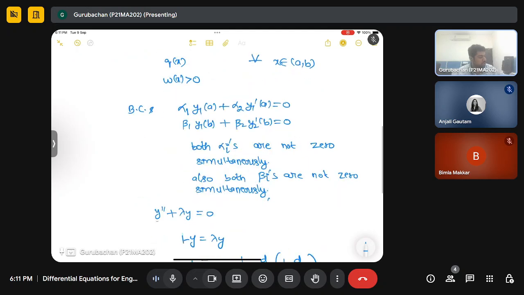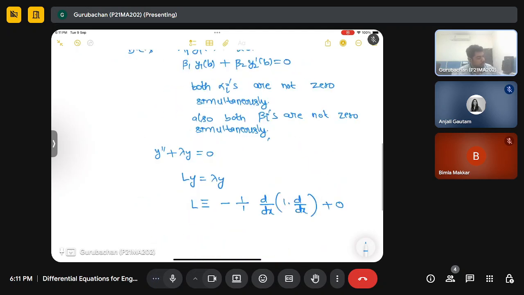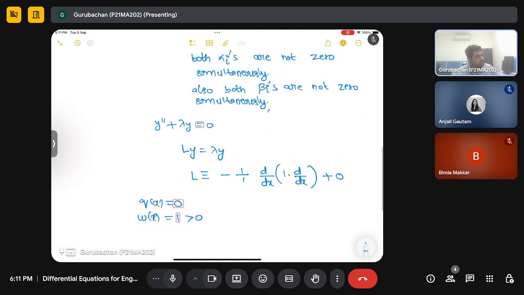Here there is no q(x), so it will be 0. So q(x) is 0, the weight function is 1, which is greater than 0, and p(x) is again 1, which is also greater than 0 for all x in (a, b).